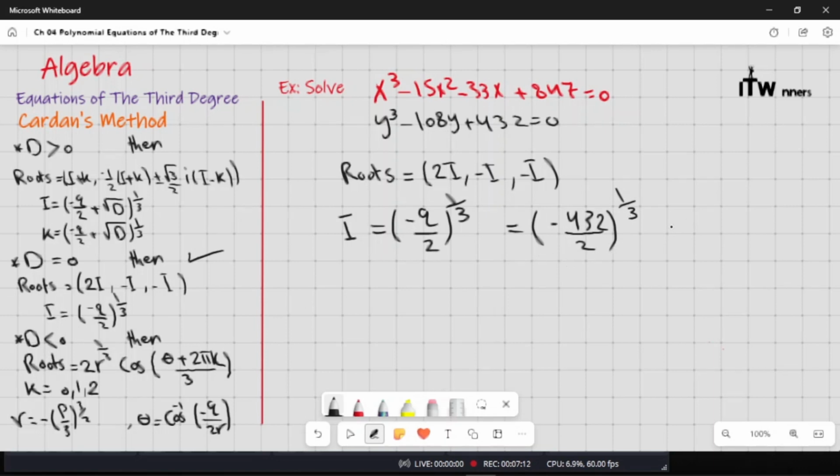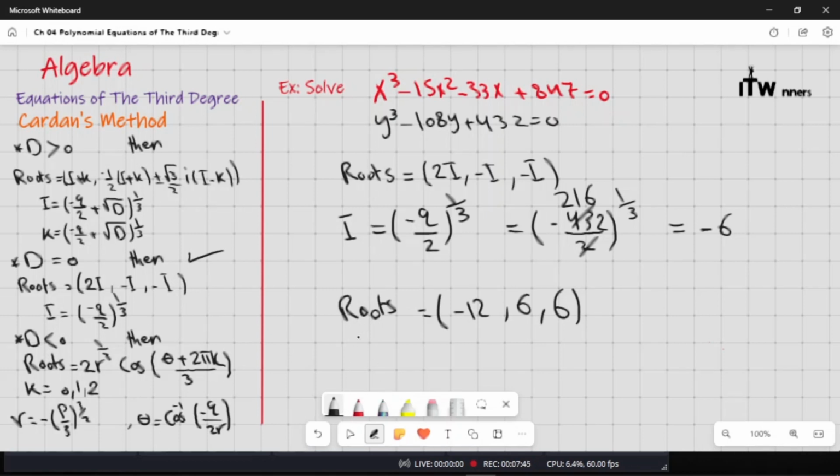Okay, so we obtain here this equal to negative 216, so we have here negative 6. Okay, so roots will be equal to, here we have negative 12, here negative I equal to 6, here negative I equal to 6. Okay, we just obtain our roots by Cardan's method when d equal to 0.